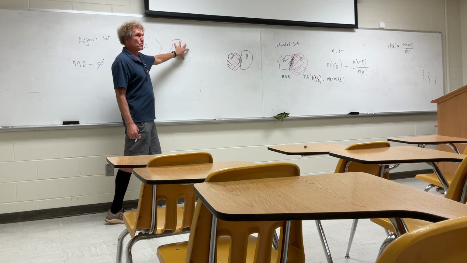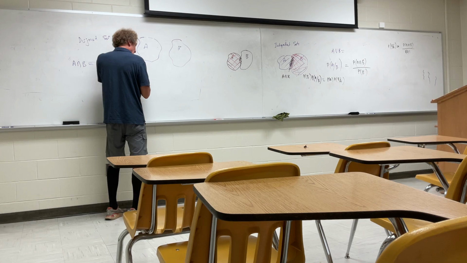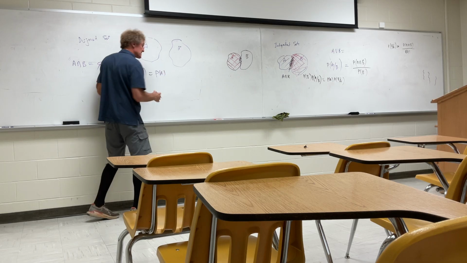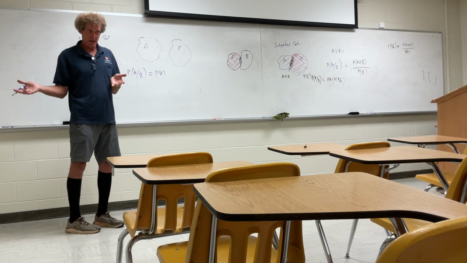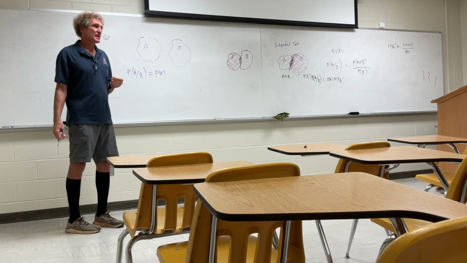If this is red, white, and blue, okay? There's no relationship. Y'all follow me? So when I take a look at the probability of A given B, that is just probability of A. Does that make sense to you? If it's independent. How many understand it? It's the easiest way I can explain this.